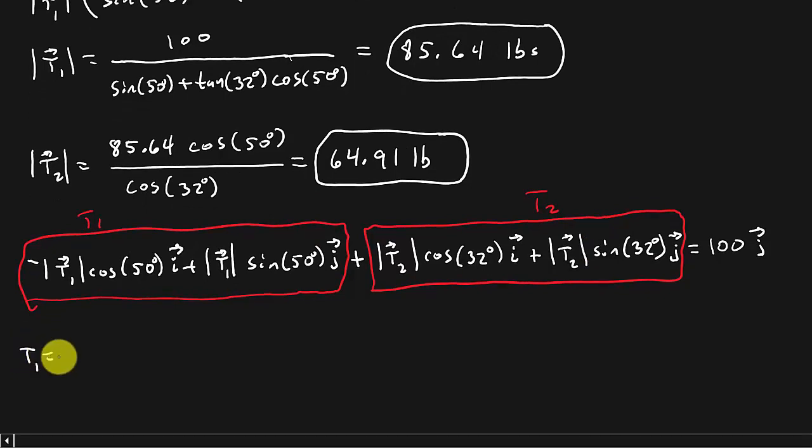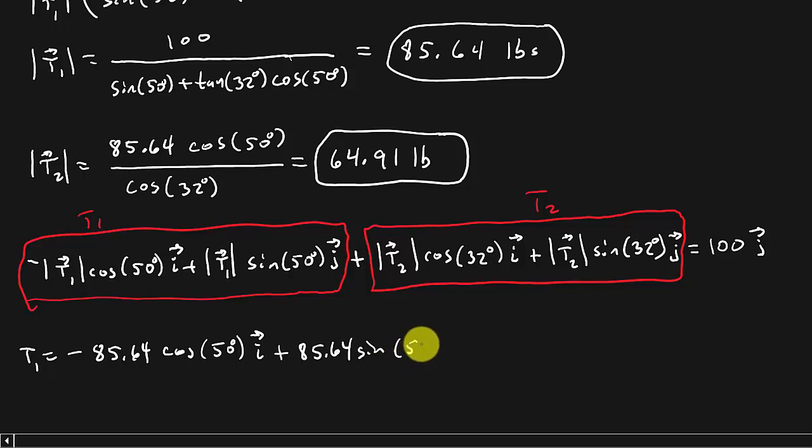So I've got T1 is equal to negative 85.64 times the cosine of 50 I plus 85.64 times the, not cosine, times the sine of 50.